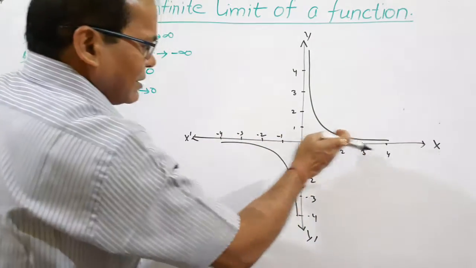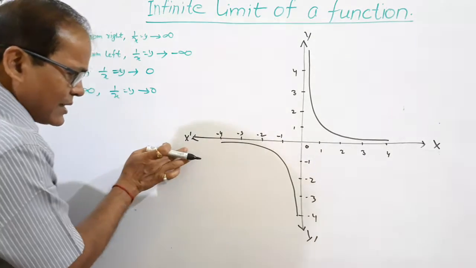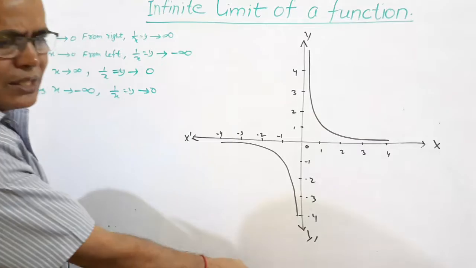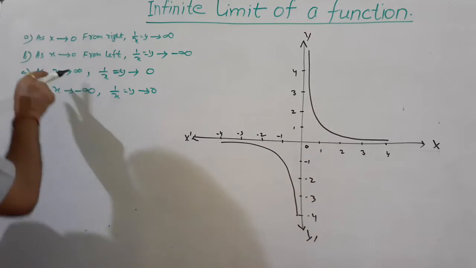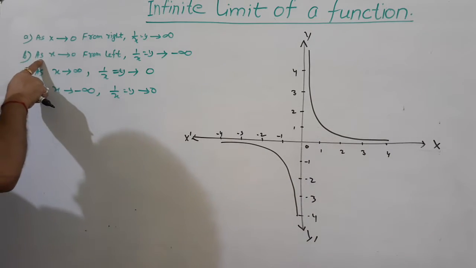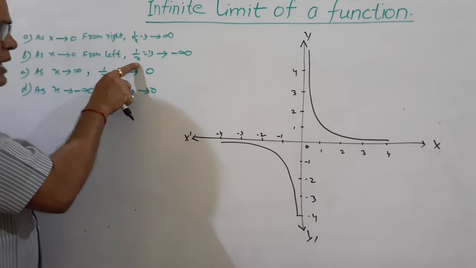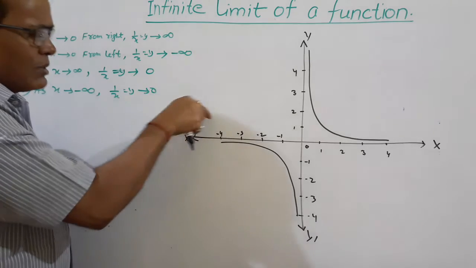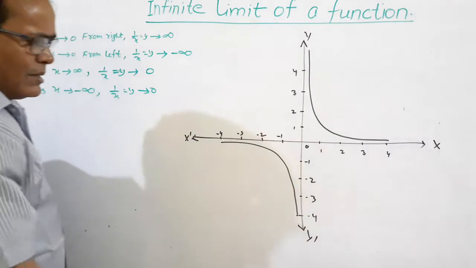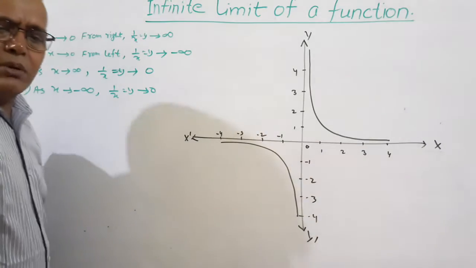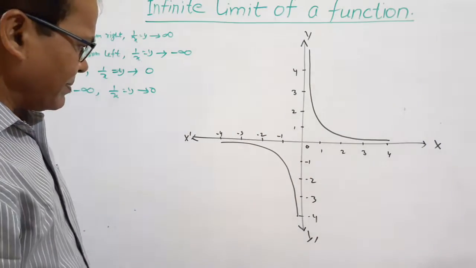Here it is from the right, but here it is from the left. X is approaching 0, then y is approaching minus infinity, which I have written here. Y is approaching negative infinity: negative 1, negative 2, negative 3, and it keeps on increasing, so negative infinity.